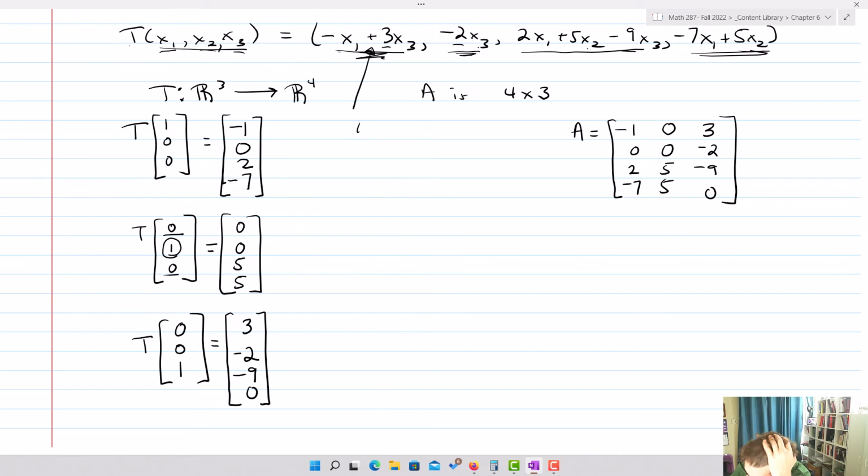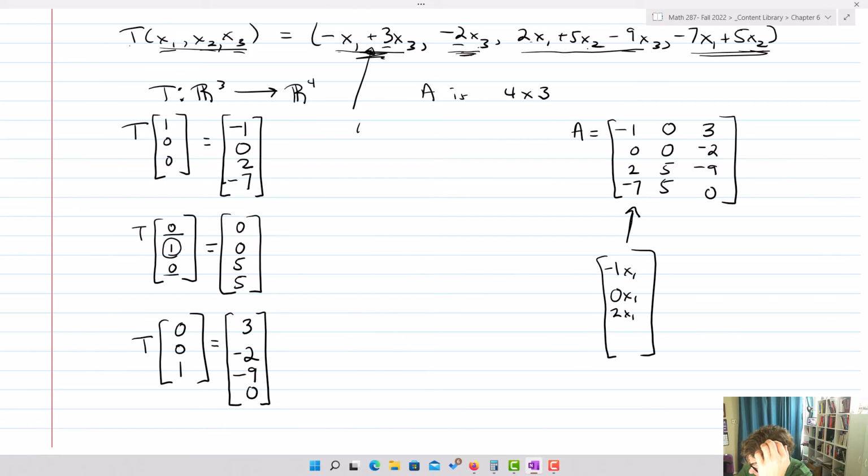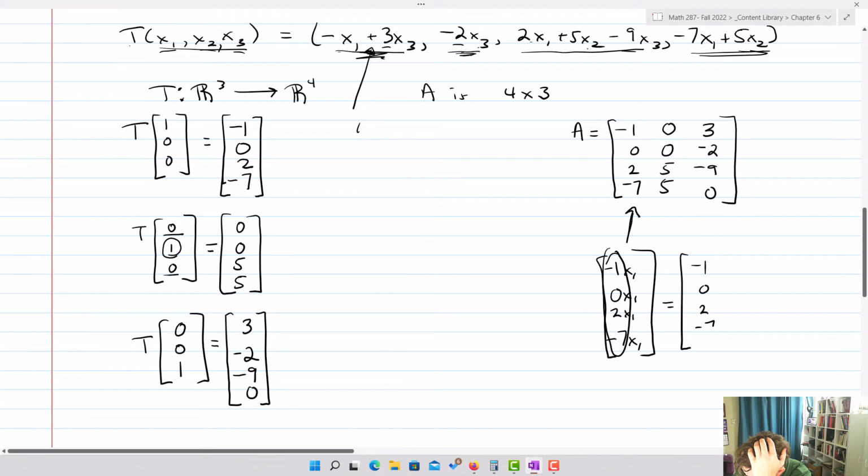Notice that if we just took the x1 terms, the x1 terms here are going to have negative 1 x1, 0 x1s, 2 x1s, and negative 7 x1. There's our coefficients. So this is exactly negative 1, 0, 2, negative 7 times x1.